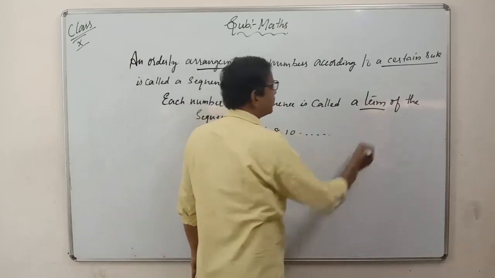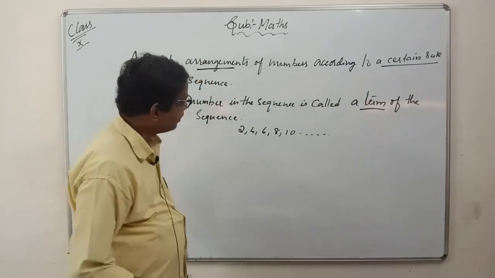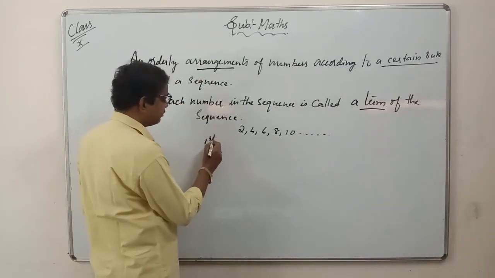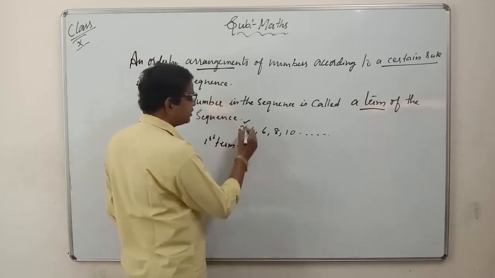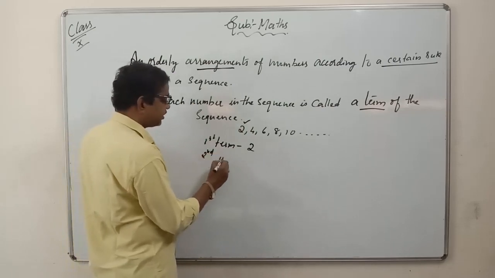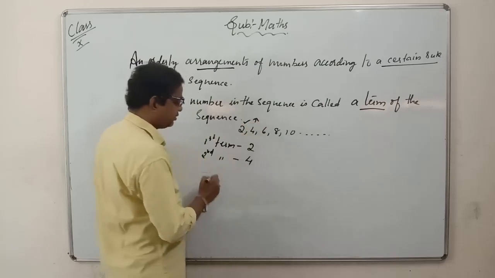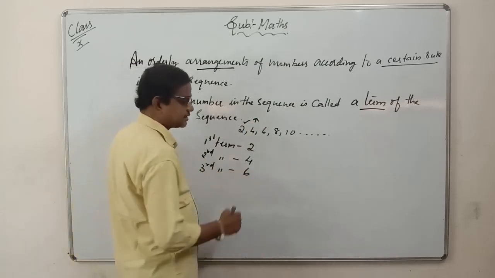When you use the word term, so term of the sequence in the sense, for example, which is the first term here? First term is 2, and we have the second term, 4, and the third term is 6.